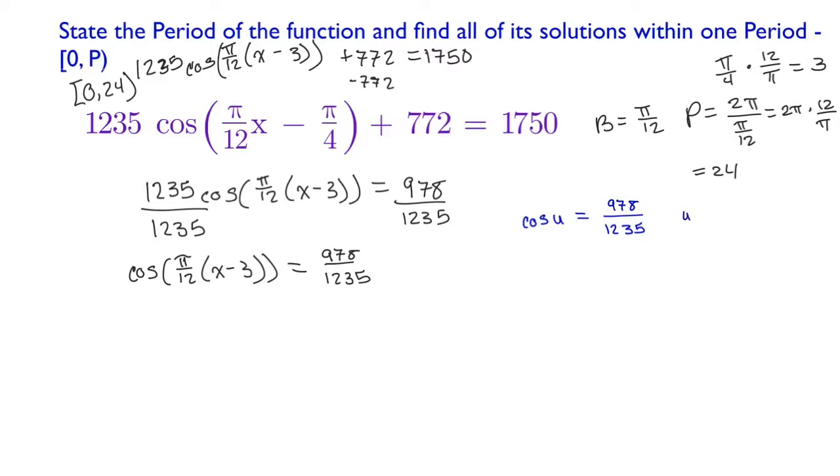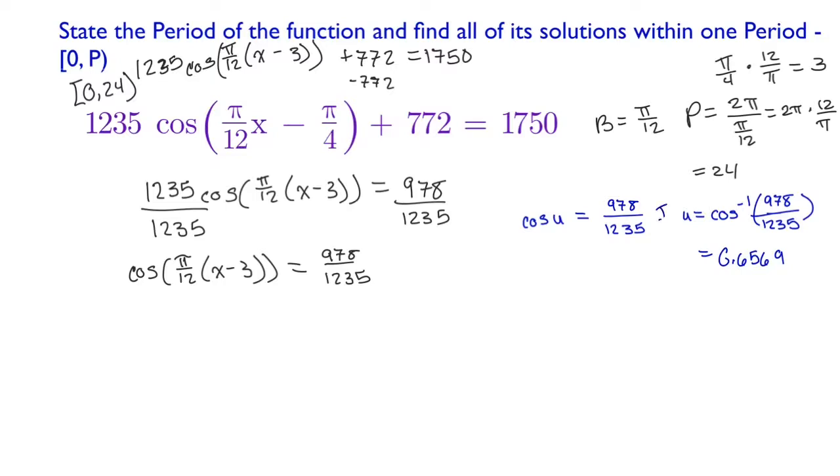So we're going to do u is equal to inverse cosine of 978 over 1235, and so that gives us an answer of 0.6569. So then what we want to do is find these, not the second quadrant, sorry, because this is a positive u, we want the fourth quadrant.